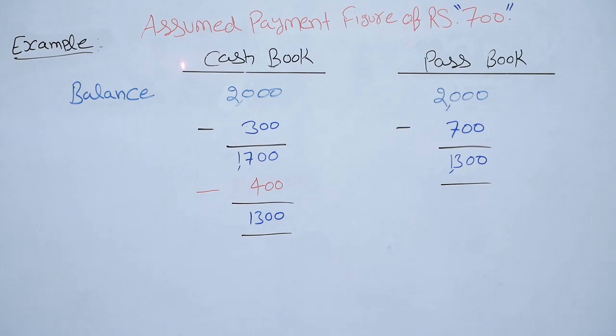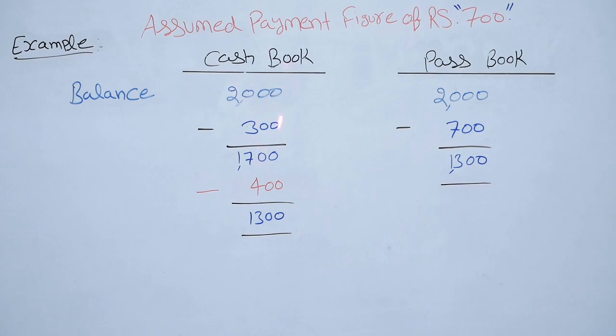To understand this, you have to take any hypothetical figure of payment. Here we have assumed hypothetical figure of payment is 700. Bank must have paid full amount of rupees 700, but we wrote 400 rupees less in the cash book. It means we must have written 300 rupees in the cash book.